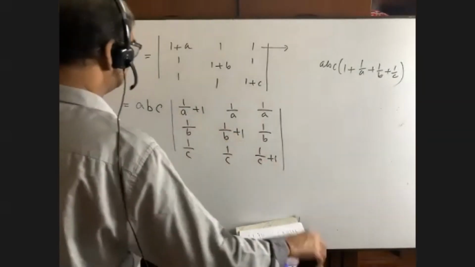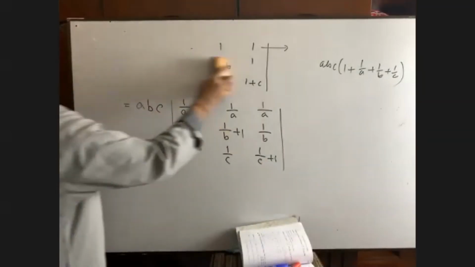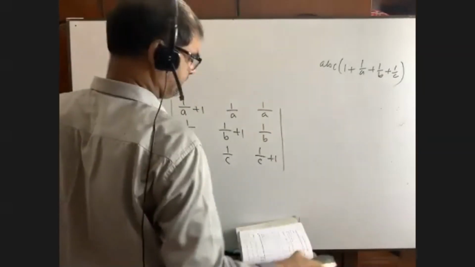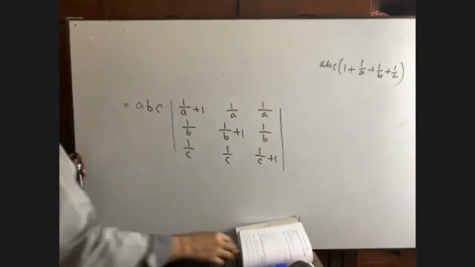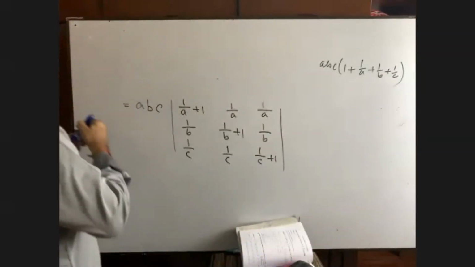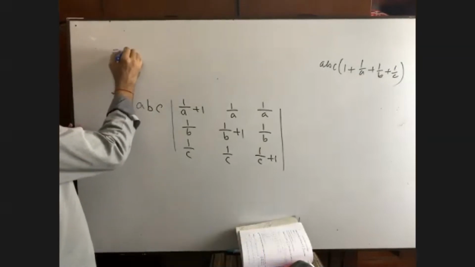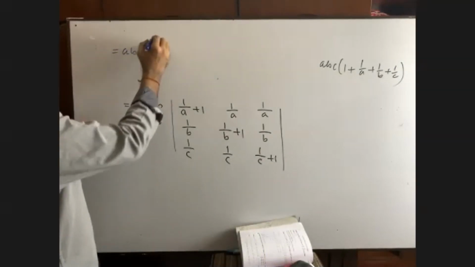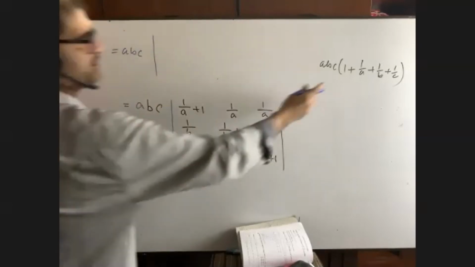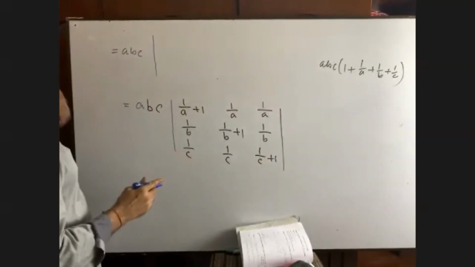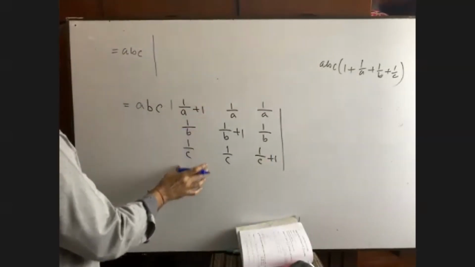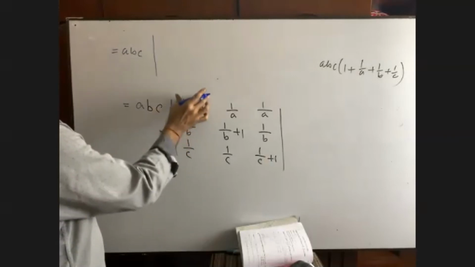Now, can you please let me know what we should do now? I have got this format, right? Can I add all these rows?